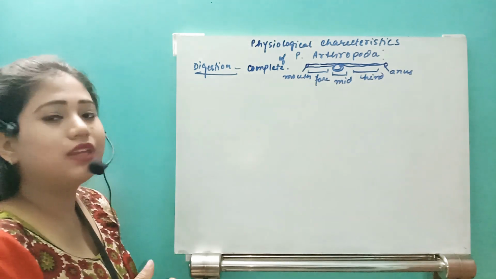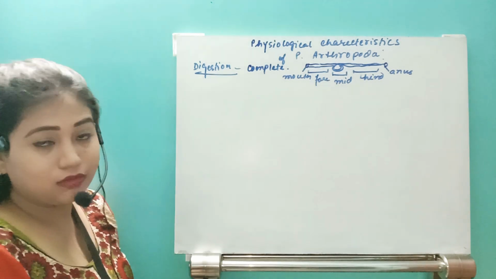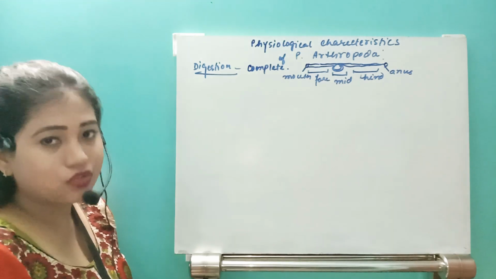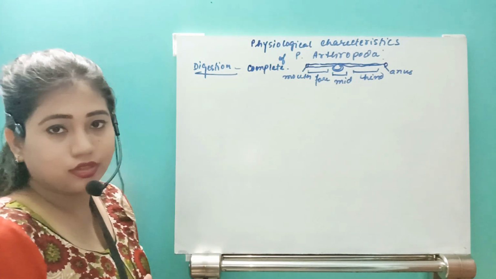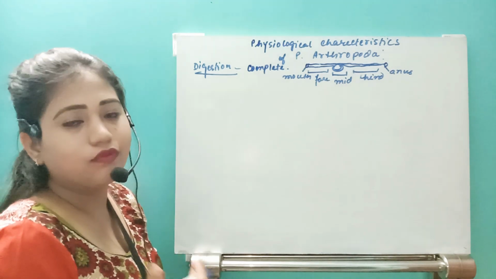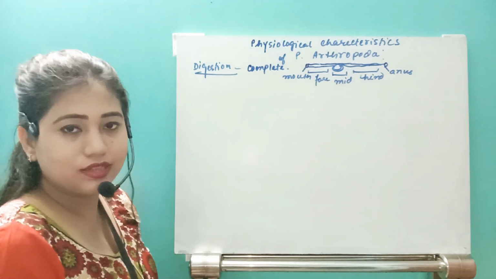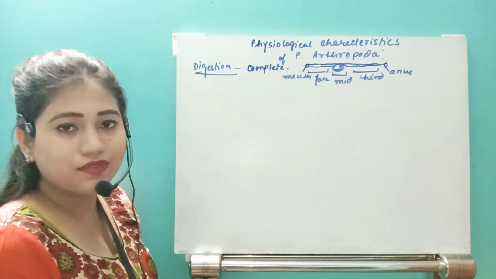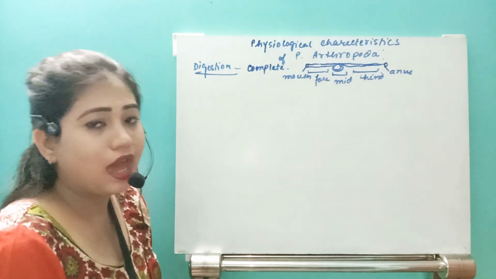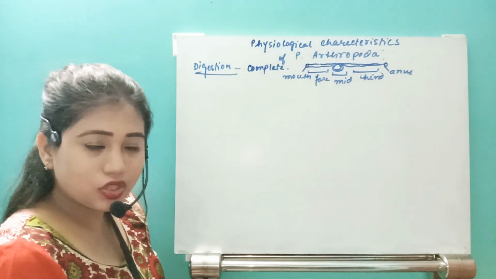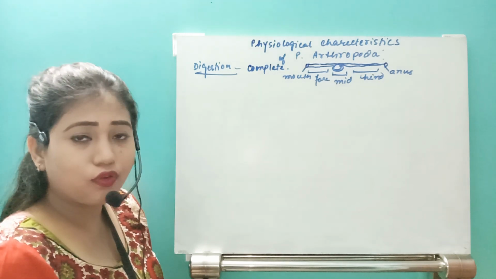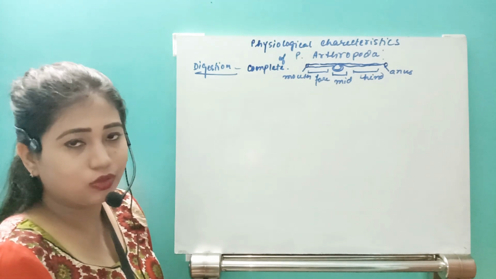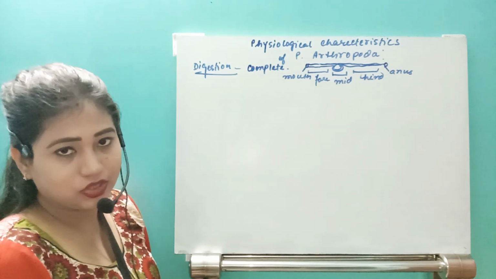Now come to their type of digestion. That means they are going to have extracellular or intracellular digestion or both. Obviously, without any exception, we can understand from the phylum Porifera what we have seen: this organism had intracellular digestion. Whenever it came to phylum Coelenterata and Ctenophora, they had both extracellular and intracellular digestion.